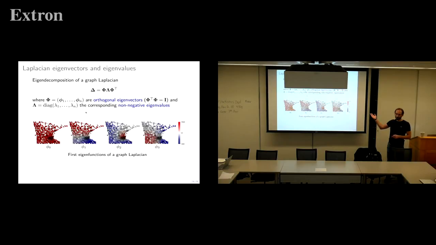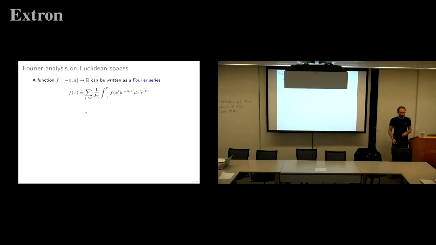So the second step, of course, given some function on the graph, we want to represent it in these bases. That will be the Fourier analysis, right? What is Fourier analysis in the classical sense? I remind you, you can take a function, let's say, on an interval between minus pi and plus pi, and represent it as these Fourier series, right? So basically, this will be a projection of a function on some basis. In this case, these are complex exponentials or sines and cosines.